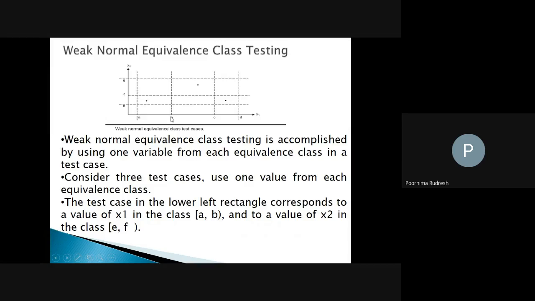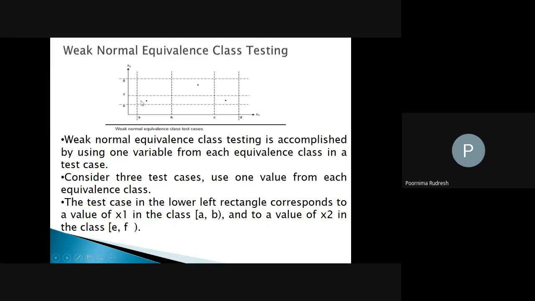Why is B indicated as open? Because the value of B extends up to C and from C to D. But A is the minimum value that we are considering for x1, and beyond that, values less than a are treated as invalid input.